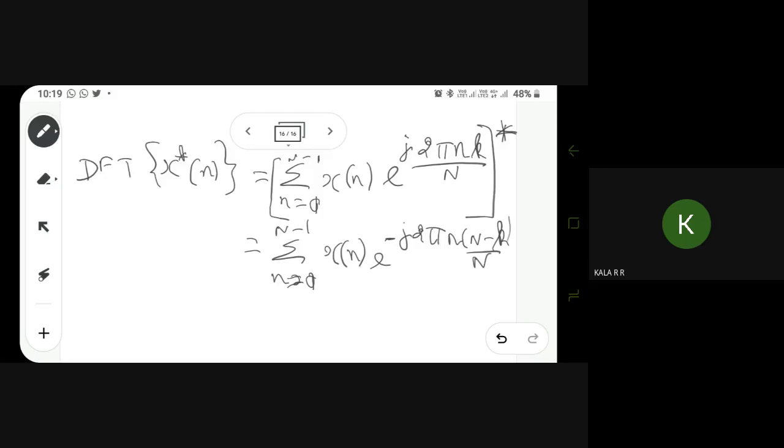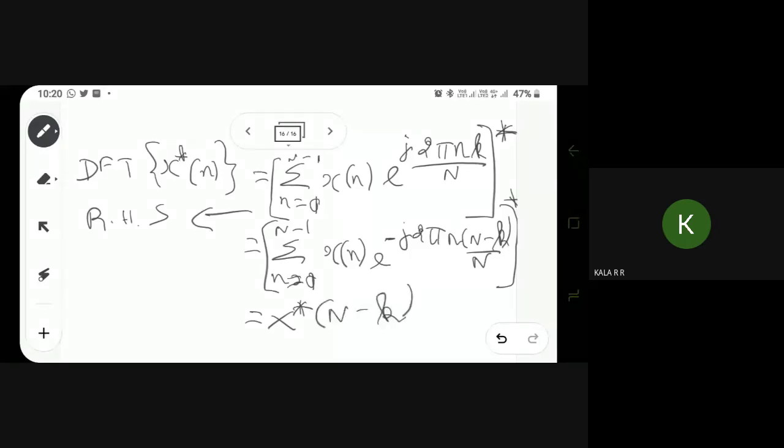Okay, this is the whole conjugate. So either you can just find this value and substitute it to the RHS, and then you can put this as x star of n minus k. Okay, and then you can find the DFT for n minus k, and you can take an LHS and just equate it and say both are the same.